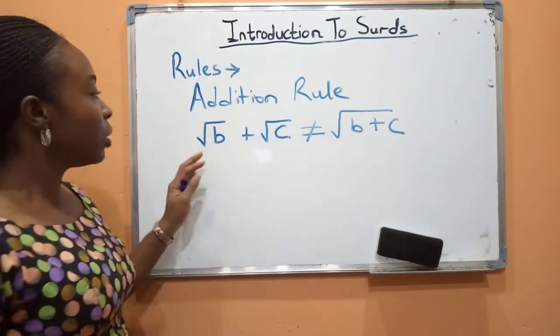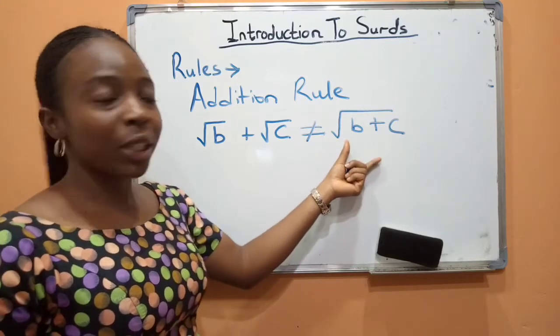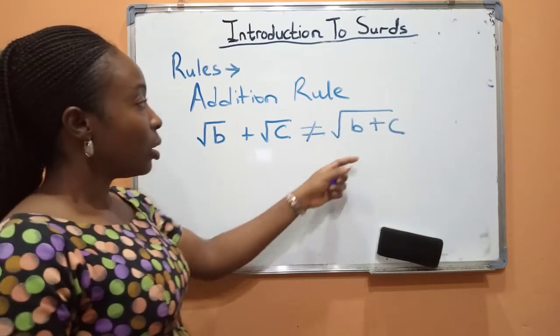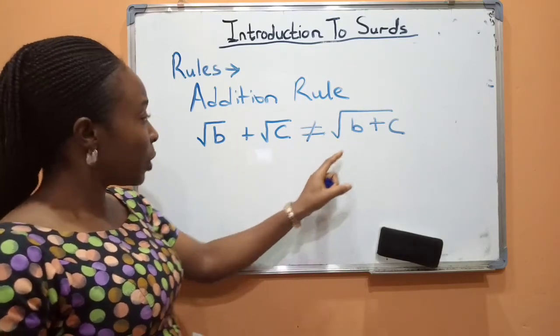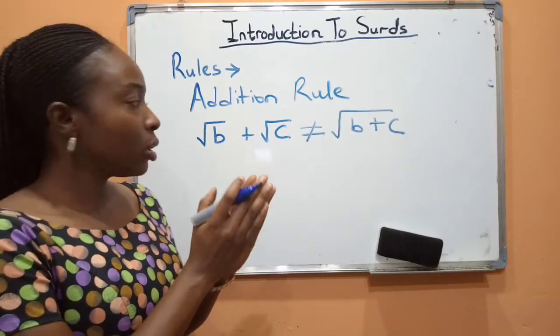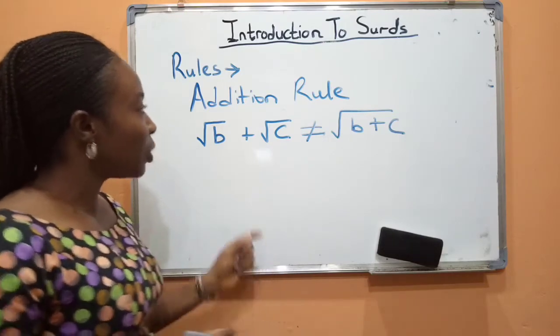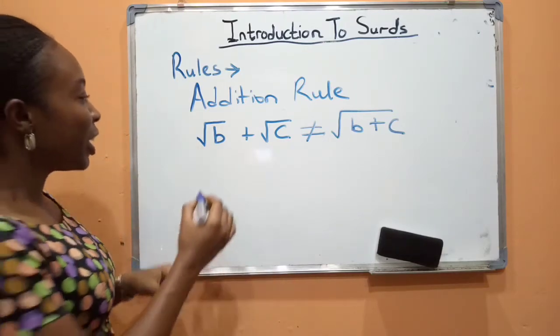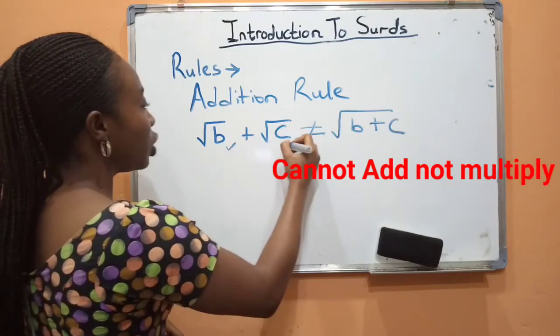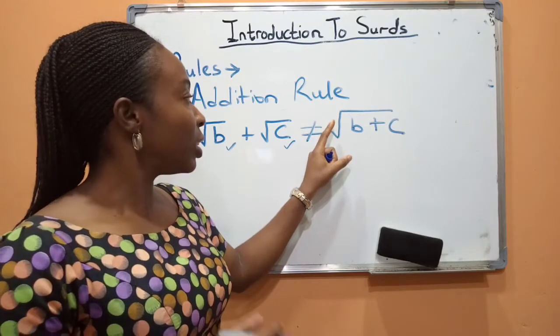So what this rule simply says is that square root of b plus square root of c is not equal to combining them, like what we had in the multiplication rule. In the multiplication rule, you can multiply different roots together and you get the answer. But in the addition rule, you cannot combine different roots together. They are not equal. You're not going to get the same answer.